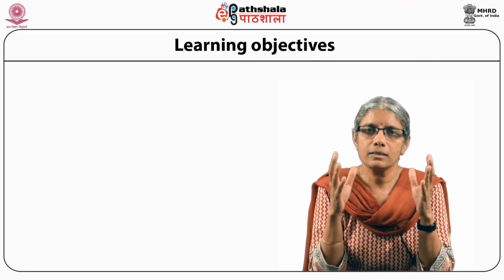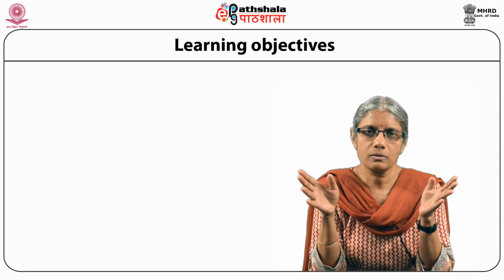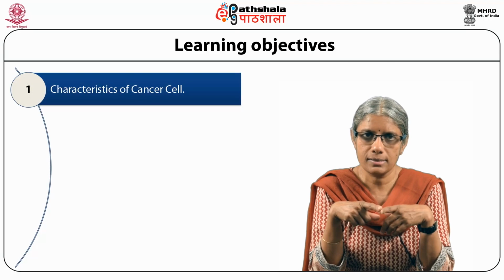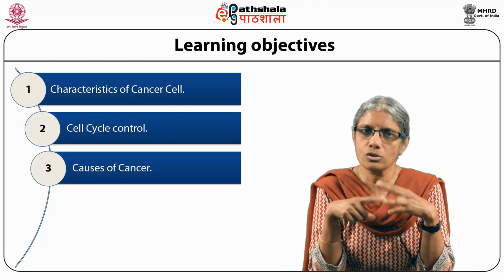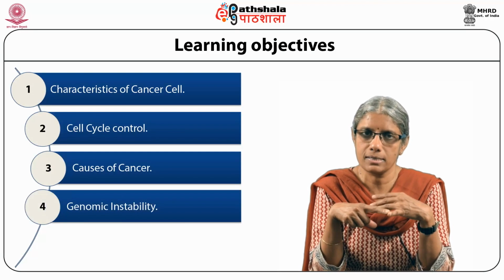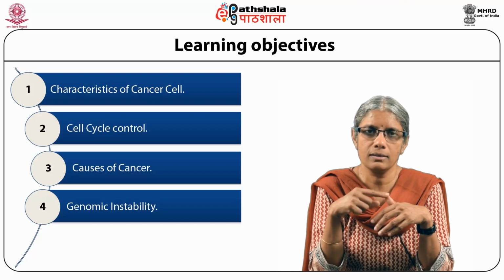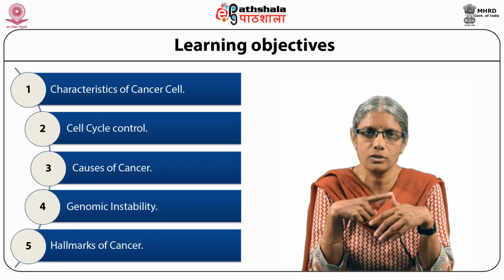Basically, this module will cover the 5 objectives: the characteristics of a cancer cell, the cell cycle control, the causes of cancer, the various genomic instabilities, and finally, the various hallmarks of a cancer phenotype.